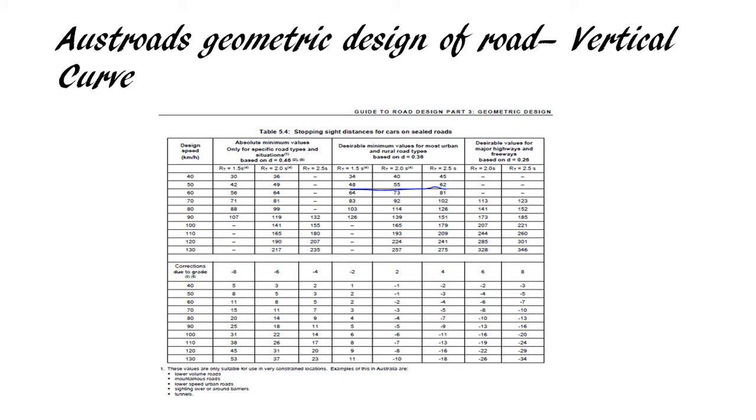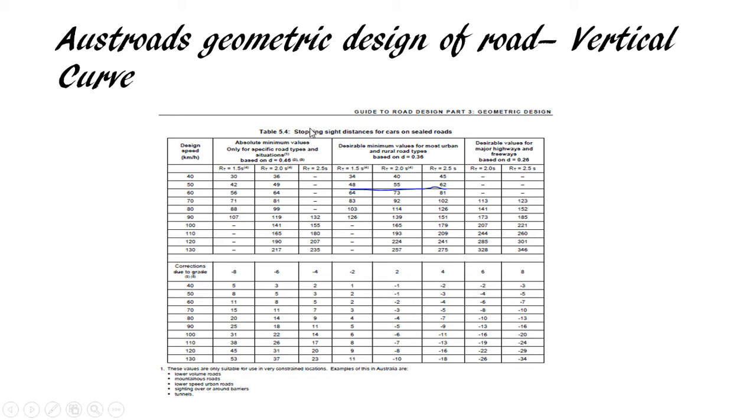So as per my earlier video, I would like to go through the vertical curve. Based on the Australian road design guideline, we need to provide a distance called the stopping sight distance, where the vehicle perceives the oncoming object, reacts to it and stops before it hits the object.